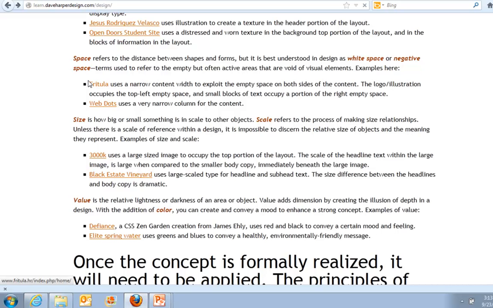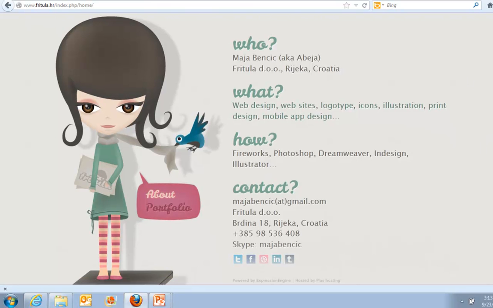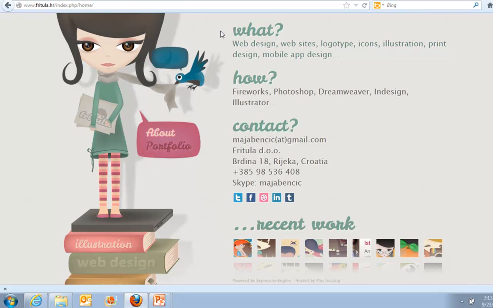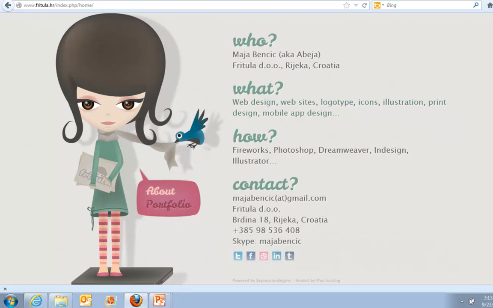So if we look at this one, you can see the space, how it's spaced out. You know, the use between the space here to separate these ideas. And also, this would be an asymmetrical site, because we have this large graphic on the left balanced out by the information on the right.